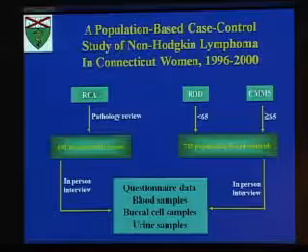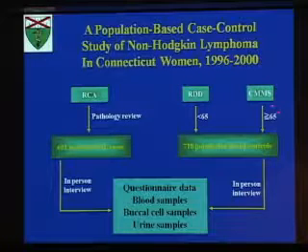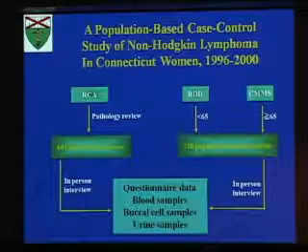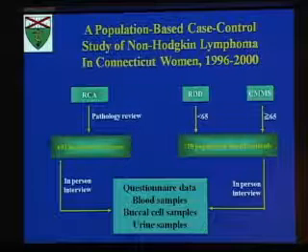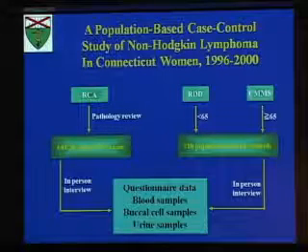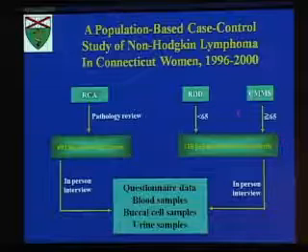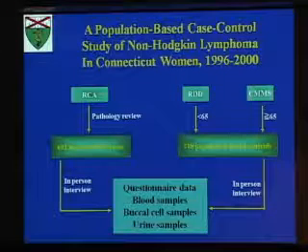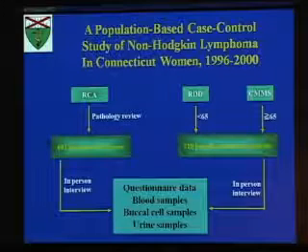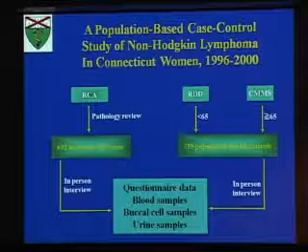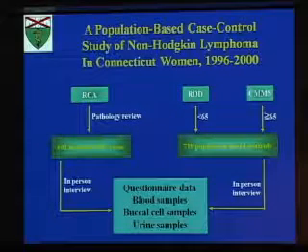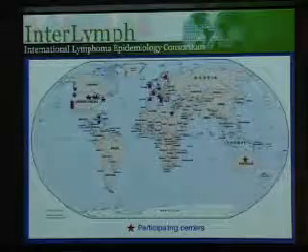But right now, HCFA, which is now called the Center for Medicare and Medicaid Services, does not allow us to use their files to do the study. So right now, whether older or younger, we have to rely on random digit dialing. Anyway, for this study, we recruited 600 women and about 700 population-based controls, and both groups did an in-person interview and gave blood samples.